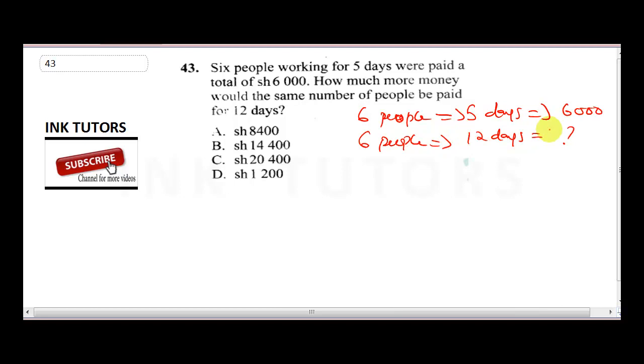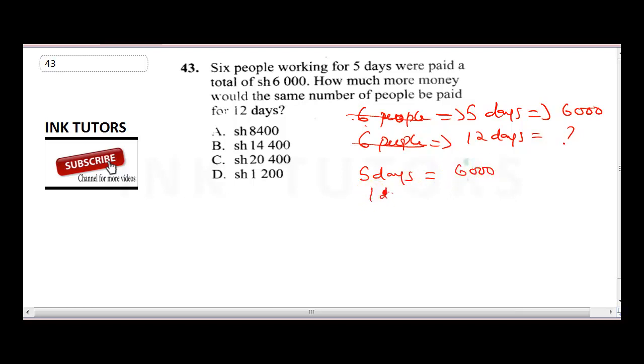Okay. So now to solve this question, let's look at this. Since we have 6 people and 6 people here, the 6 people are not really important. We don't need this value to solve this question. So it means for 5 days they got 6,000 shillings.